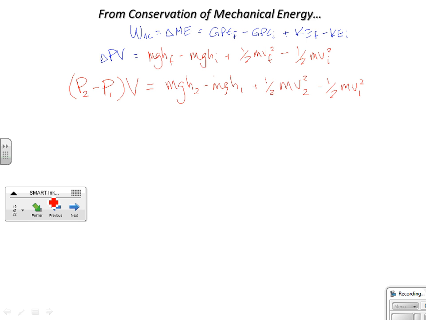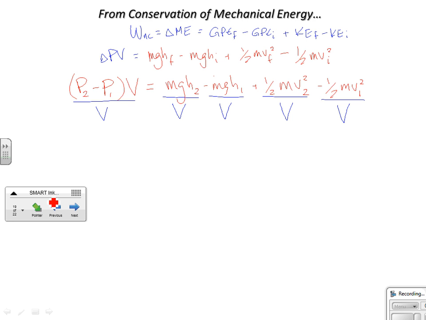All right. Now, here's what ends up being pretty cool. What we can end up doing is looking not so much at conservation of mechanical energy, but what we're going to do is a conservation of energy per unit volume. We're going to divide everything by volume.